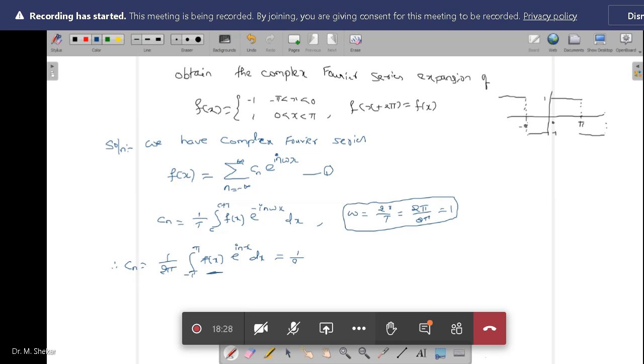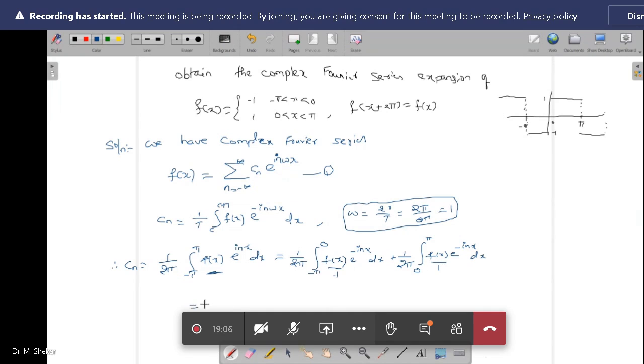So that will be 1 by 2 pi integration from minus pi to 0 f of x into e to the power minus i n x dx plus 1 by 2 pi integration from 0 to pi f of x into e to the power minus i n x dx. The function in the interval minus pi to 0 is minus 1, and the value is plus 1 from 0 to pi.